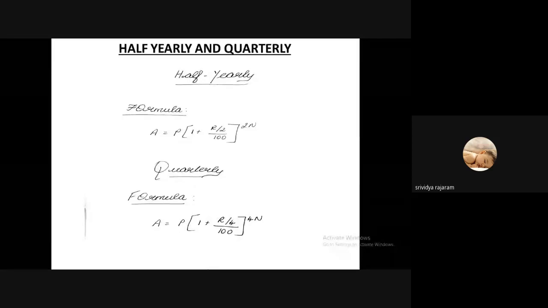Try to check your connections and try to pin my name so that you'll be able to see my screen. So thank you, Deepak. So let us proceed. Shall we proceed, guys?